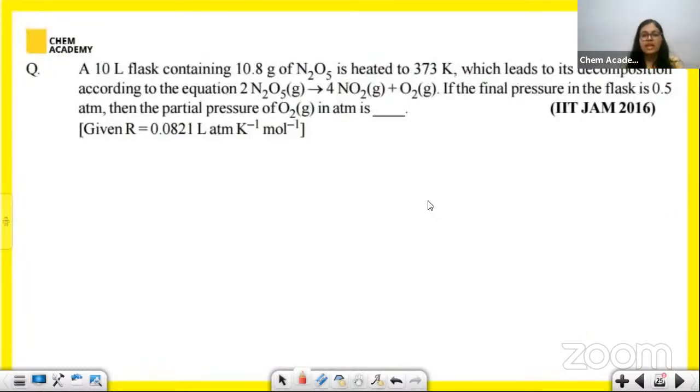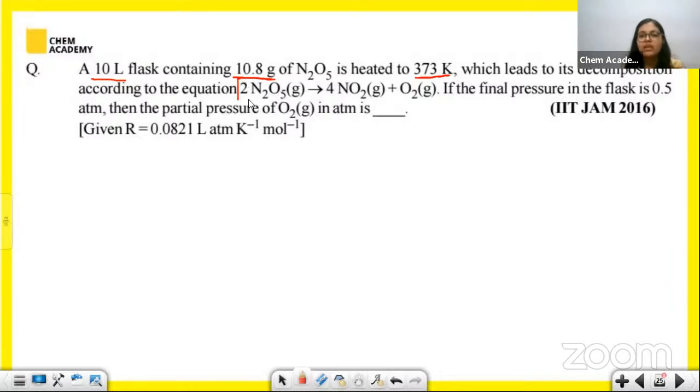Now this question is important. A 10-liter flask containing 10.8 grams of N2O5 is heated to 373 Kelvin, which leads to its decomposition according to the equation.